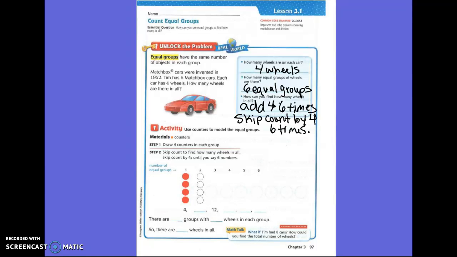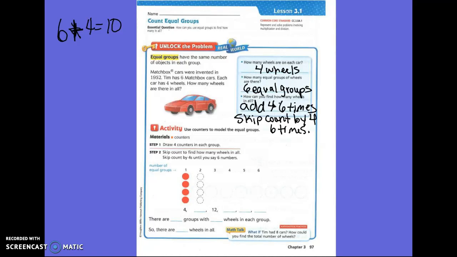Okay. Now I'm going to tell you why we can't do what Aubrey said. We can't do 6 plus 4, because 6 plus 4 equals 10. That wouldn't show us how many wheels there are. You have 6 cars, right? And each car has 4 wheels, right?